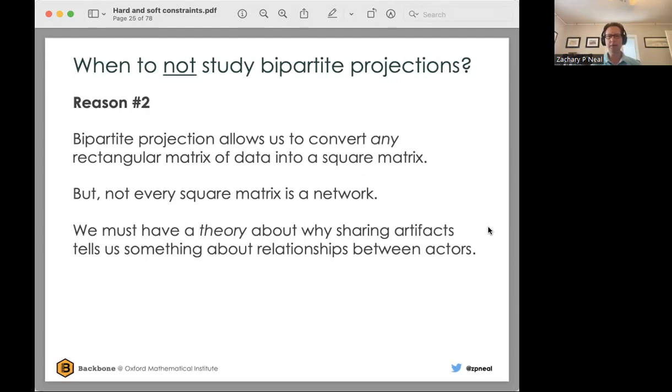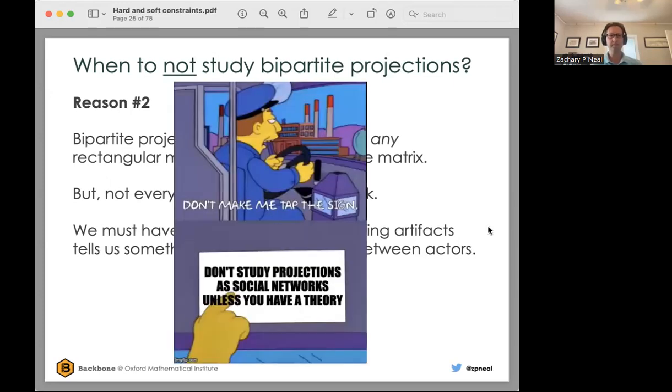So this is a method, but it's a method that requires some theory for it to make sense. And so we generally don't want to study projections as social networks unless we've got some sort of theory about what sort of relationship that bipartite projection is actually measuring.